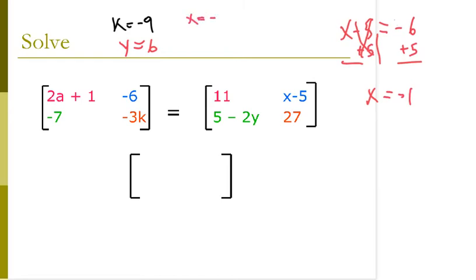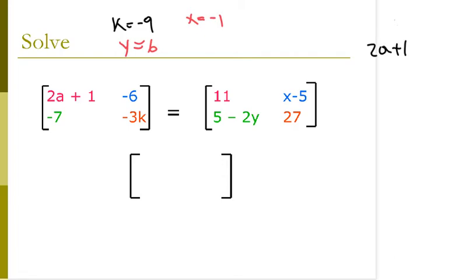So we can continue on to the last part of our problem, and we have here 2a plus 1 has the same value as 11.